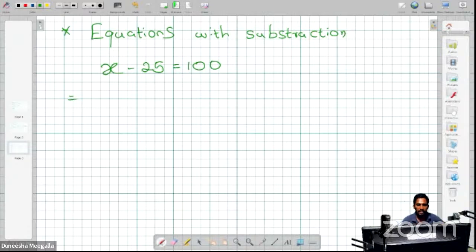Yes, we can add 25 to the left side and right side both. 100 plus 25. What is the answer? x is equal to how much? 125, is it?